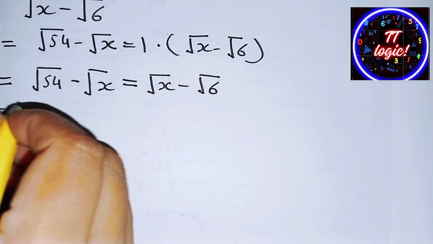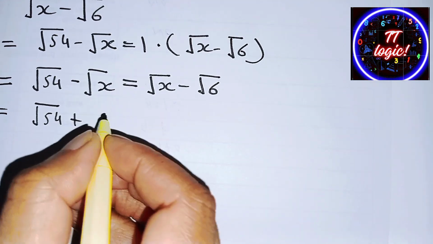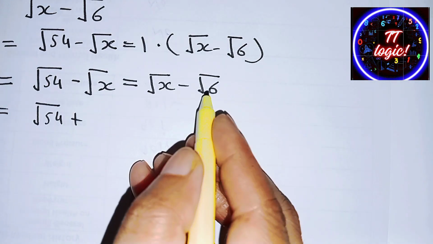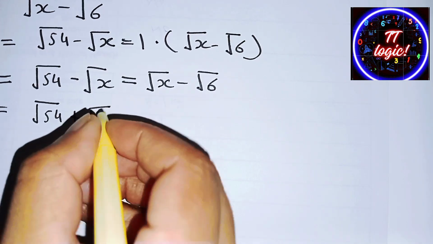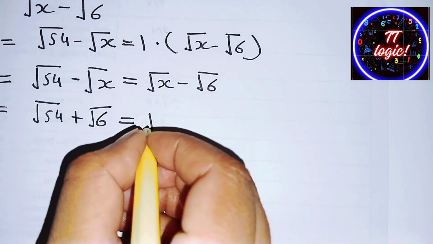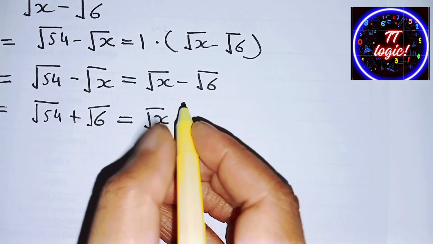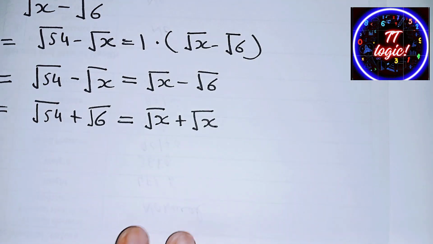In the next step, moving terms across: √54 + √6 = √x + √x.